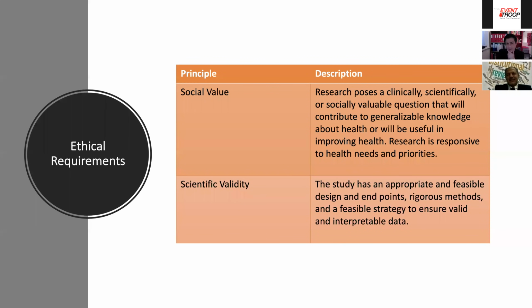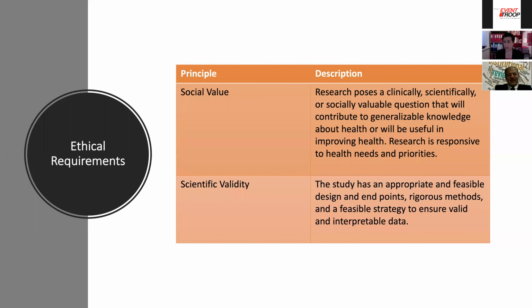What is the purpose? And also, very importantly, they look at the scientific validity. Is this a scientifically valid proposal? On the Ethics Committee or Institutional Review Board, you have medical, scientific, and non-medical individuals. We have the expertise in there to understand the science of the research as well. So they will look at the design of the research. They will look at your endpoints.